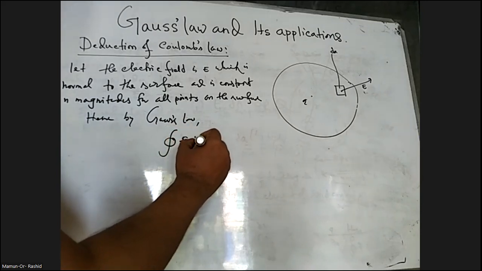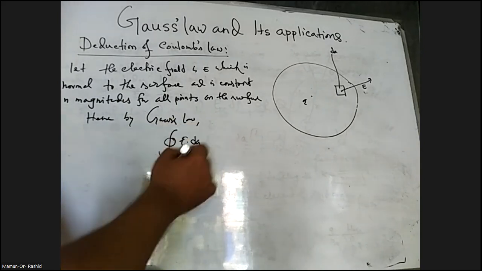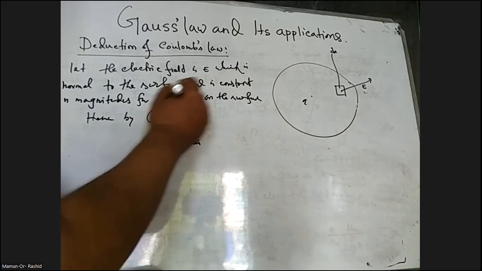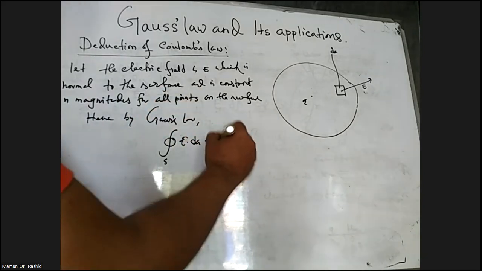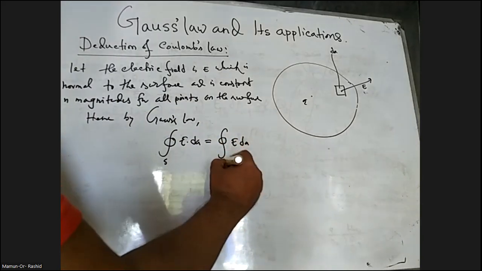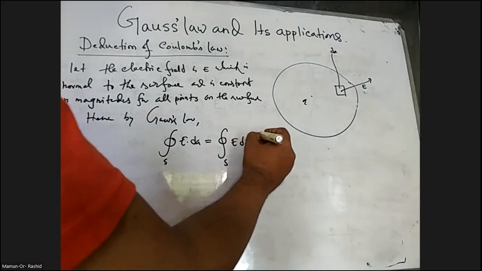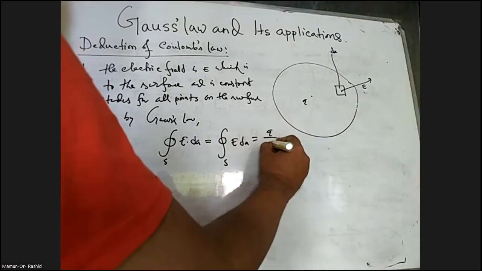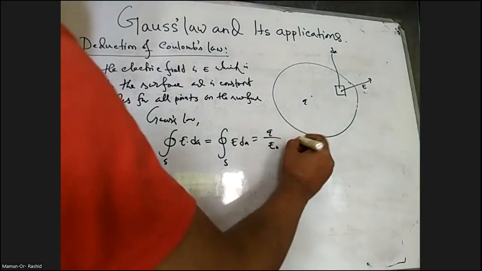the product of the electric field and the infinitesimal area dA, over the total surface, can be written like this, equals Q by epsilon naught. This is equation number 1.